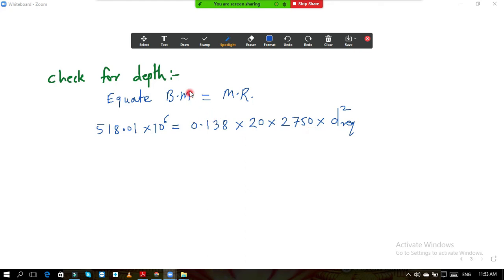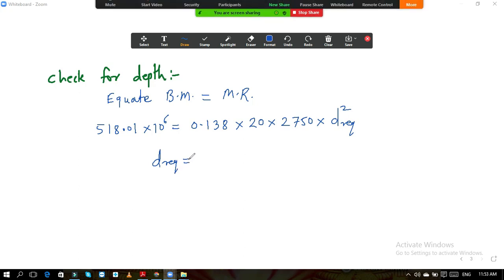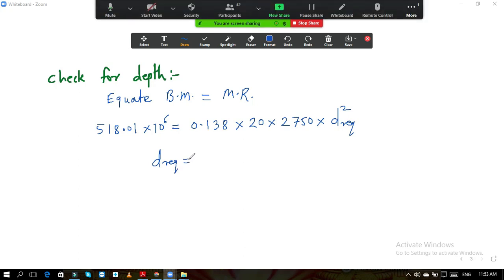So now calculate the D required from this. So D required is equal to, so please do the calculation. You also check the calculations.